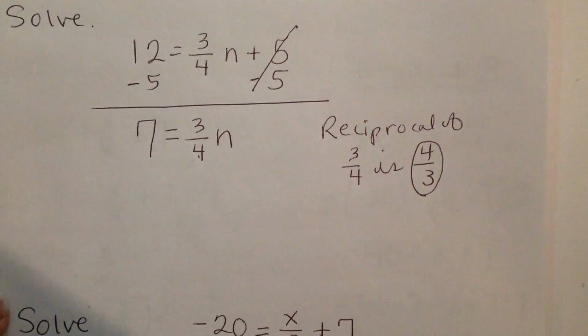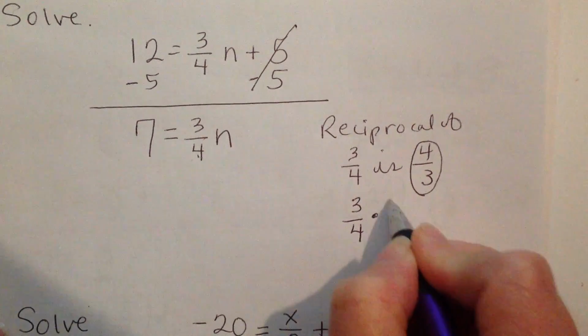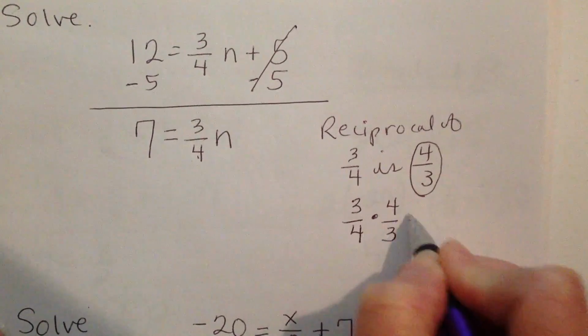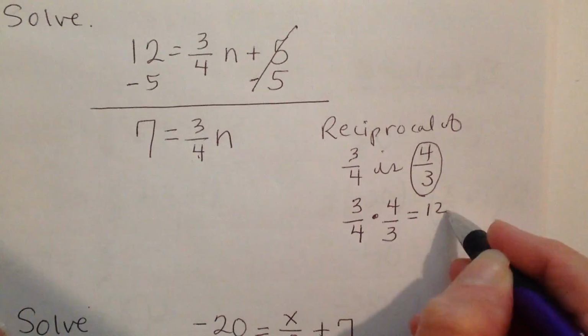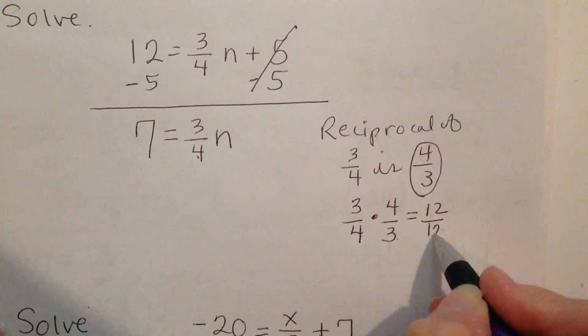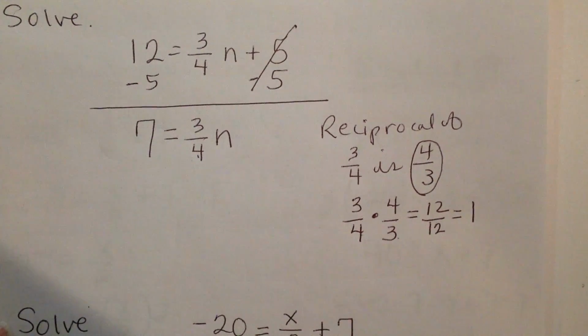The reason that I am going to multiply both sides by the reciprocal is because any time that you take a fraction and multiply it by the reciprocal, you get 3 times 4 is 12, 4 times 3 is 12, and 12 divided by 12 is 1.